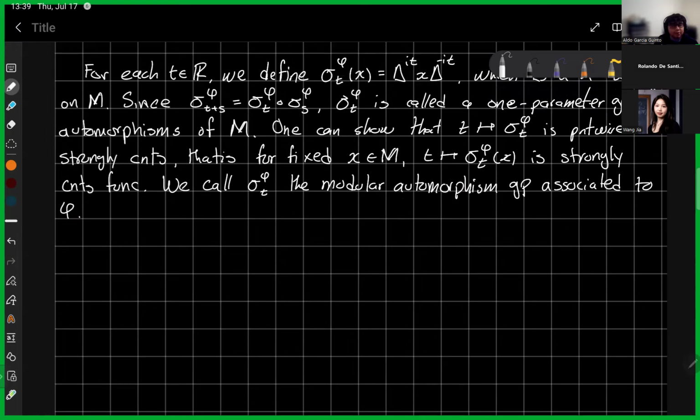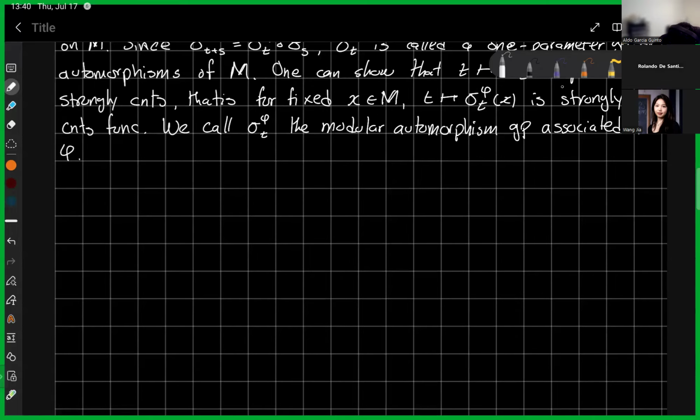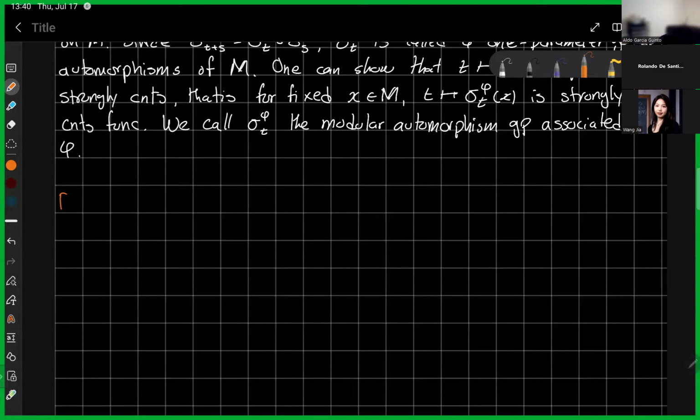So our goal now is not to show, but to mention a result that pretty much tells us that the modular automorphism group is actually unique. So the characterization of its uniqueness is the KMS condition.